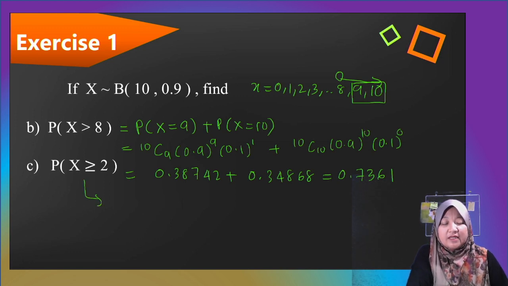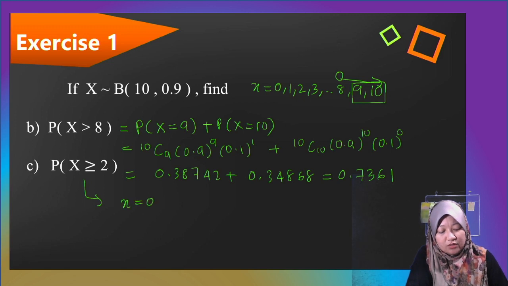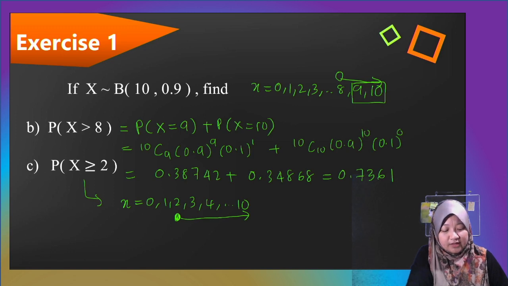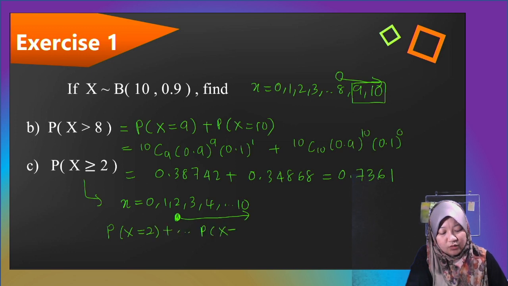Probability x greater than or equal to 2. So we have x equal to 0, 1, 2, 3, 4 until 10. So x greater than or equal to 2, which means 2 until 10. So we have to find probability x equal to 2 until probability x equal to 10.